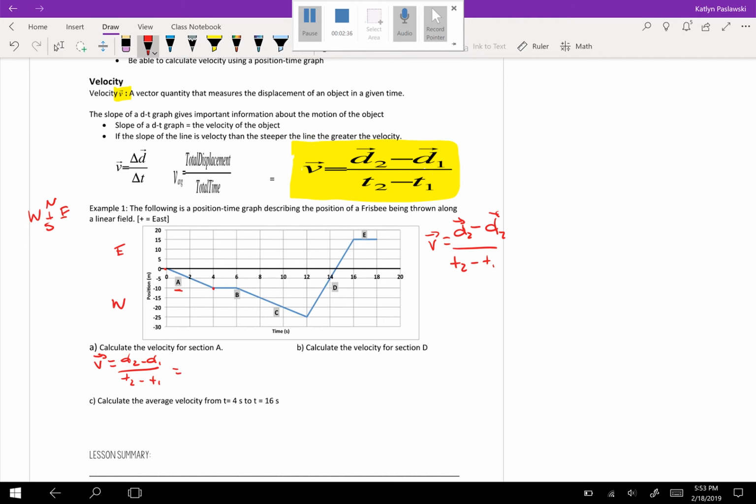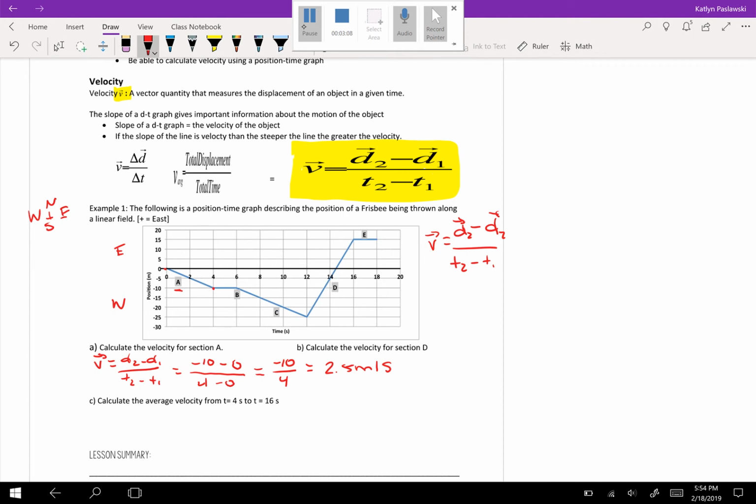That would be equal to, it ends at -10, subtract where it starts, which is 0, divided by, now let's look at the time. It ends at 4 seconds and it starts at 0 seconds. So we have -10 divided by 4, which gives us 2.5 meters per second as our answer.